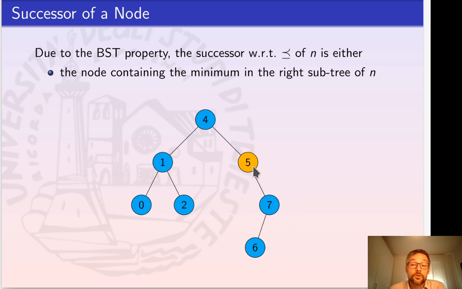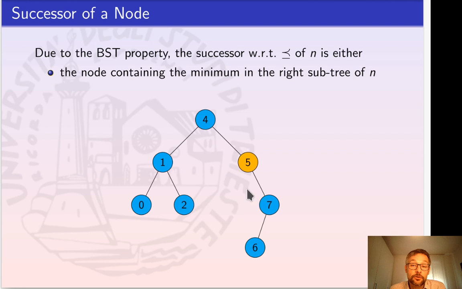Since we are searching for the next value with respect to 5, due to the BST property, we need to find something in the right subtree of 5.